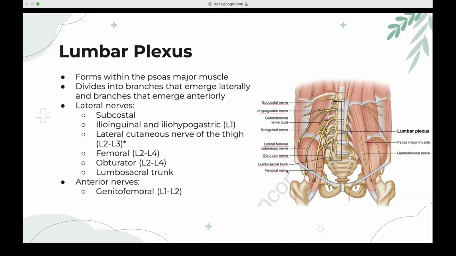Okay. What about the lumbosacral? If I'm not mistaken, I don't think it was labeled here. Yeah, it's not labeled here, but it should be joining with the sacral plexus. Here it is, sorry. I'm pretty sure it joins with the sacral plexus as well. That's why L4 and 5, right?